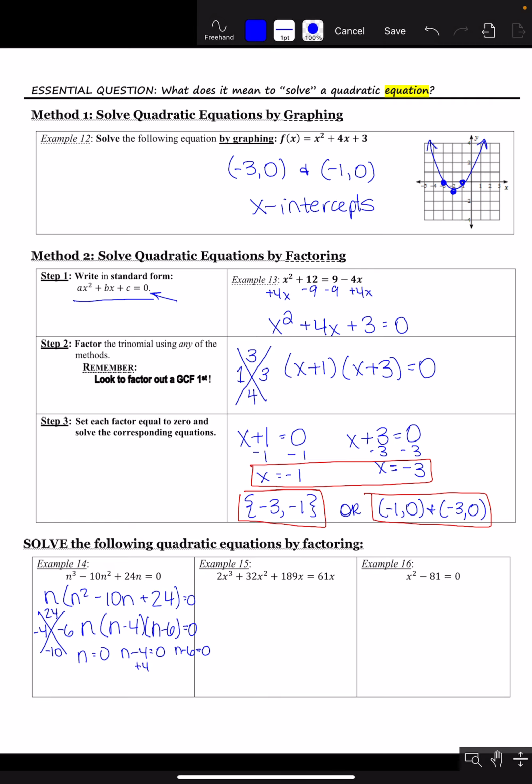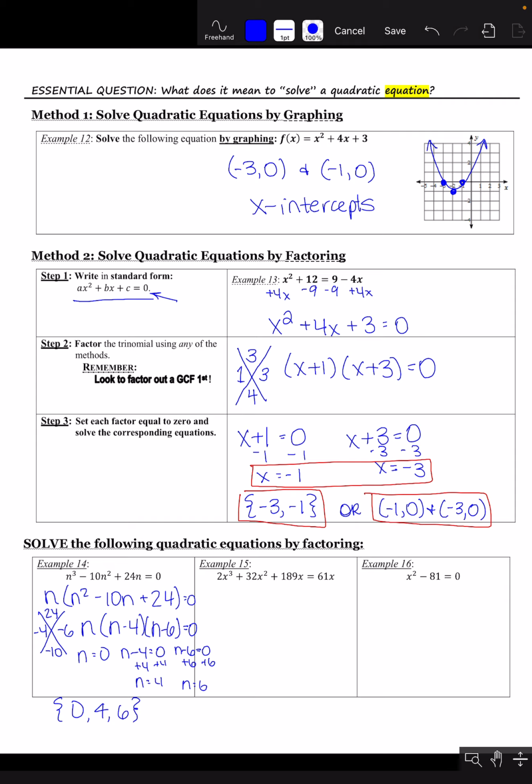And then we'll solve each of them. So just some simple one-step equations. So we actually have 3 solutions, and you can check it on Desmos. You can graph it and see where it crosses the x-axis. It's a cubic function, so it should cross 3 times. And so it crosses at 0, 4, 6.